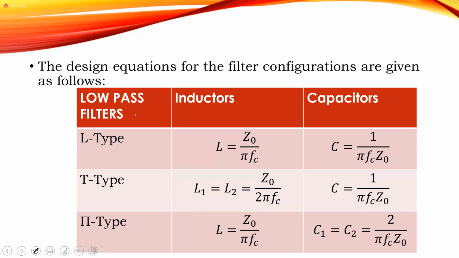So if you are dealing with an L type, and this is for your low pass filter, your inductor would have a value Z0 over pi FC.